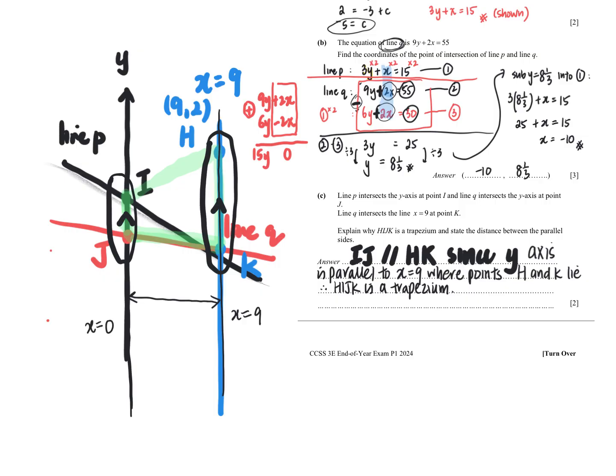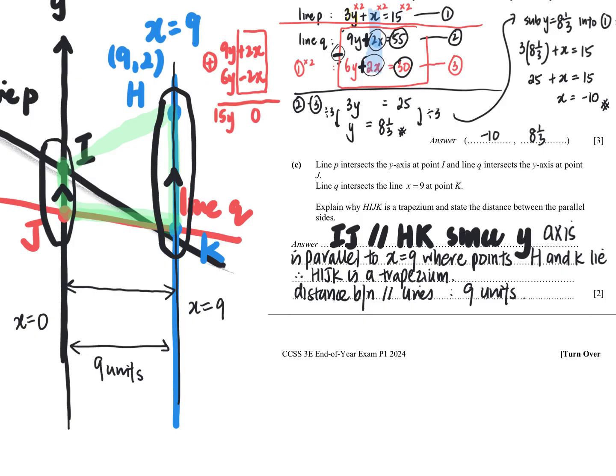Y-axis is x equals to 0, right? So the distance between the two parallel lines is 9 units. So the important thing is to show that you have one pair of parallel lines. O-level now likes to ask this kind of question because they want you all to be thinking.